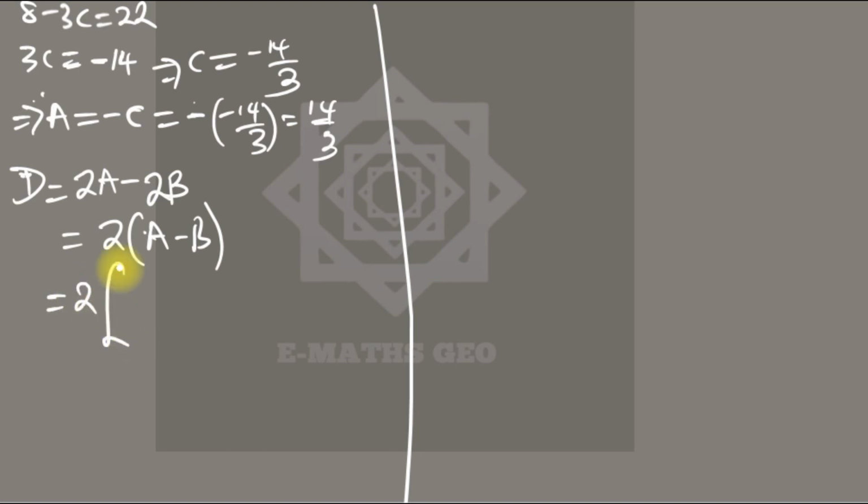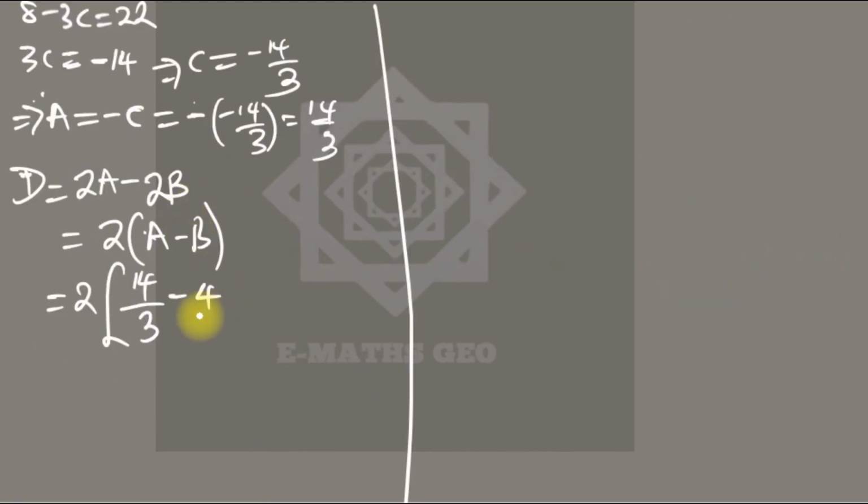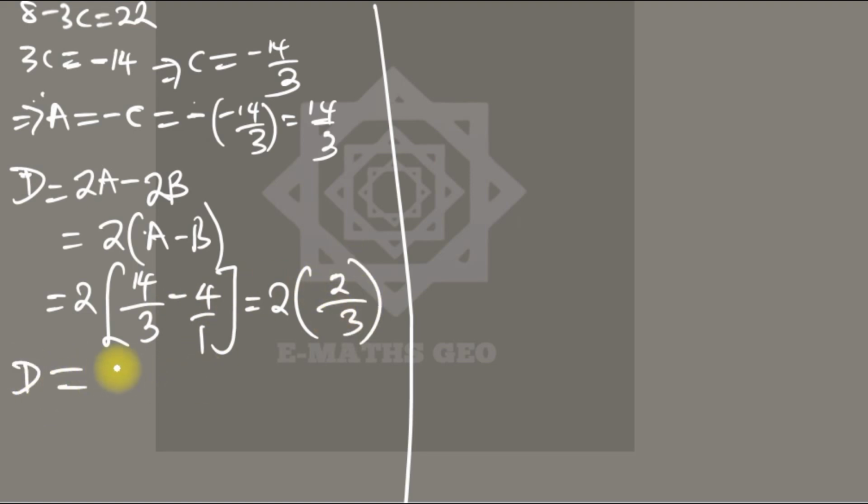So we substitute the values of a and b. A is 14 over 3, while b is 4, so we have minus 4. So I have 2 times, as 14 minus 12 is 2. So we have that d is 4 over 3. So we've gotten all the unknowns.